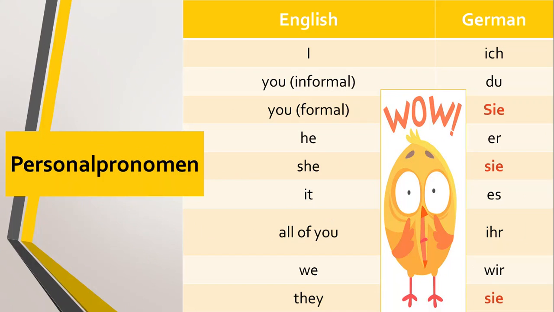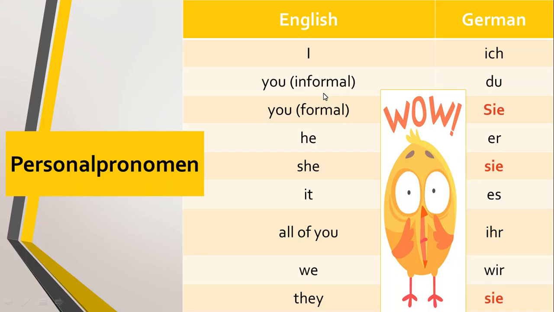Let's now move on to the personal pronouns in the German language. Just as with the greetings and farewells in German, the personal pronouns will also have informal and formal versions, especially for the second person singular forms.